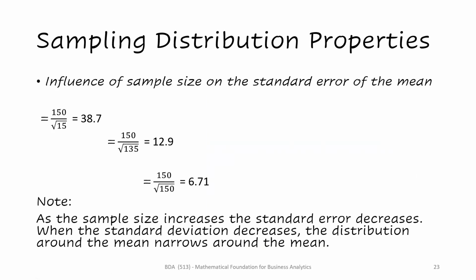Now, supposing we use a sample size of 135, just for assumption's sake, we realize that the error reduces. Did you see? When the sample size is increased to 150, the standard error now becomes 6.71.